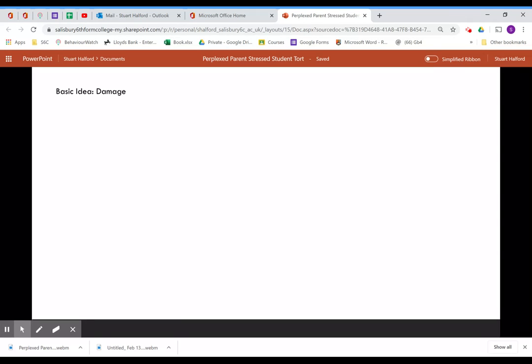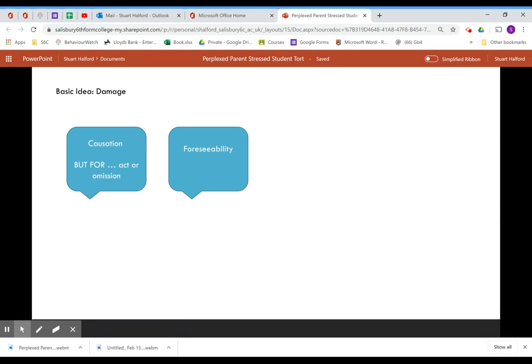So the next idea to consider then is this notion of damage, and we want to consider two things. One is causation, and that's proven by the but for. So but for the defendant's action or omission, would the harm or damage have occurred? So that's one of the first things to establish. And the other thing to consider is how foreseeable was the harm or the damage.